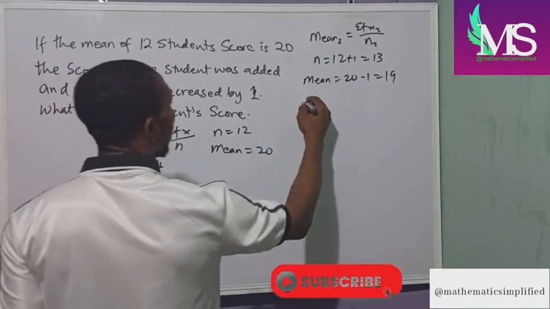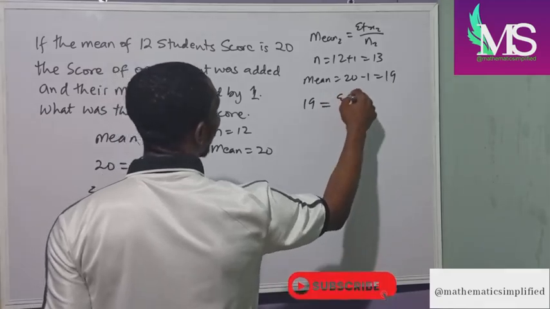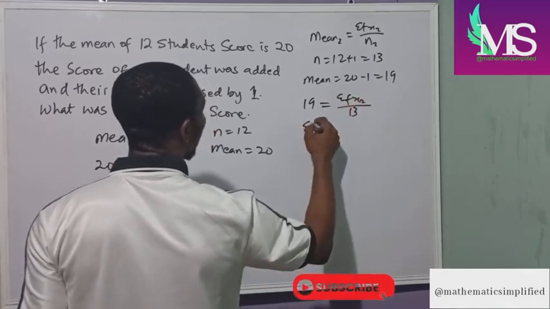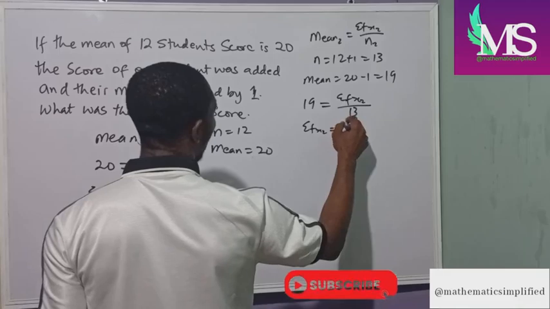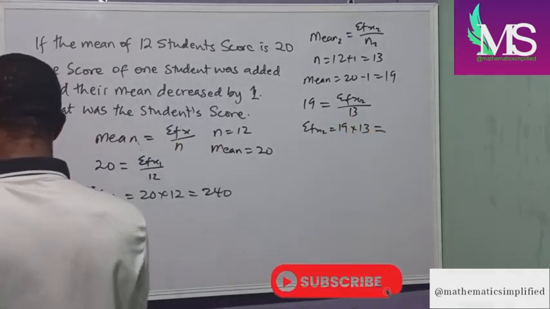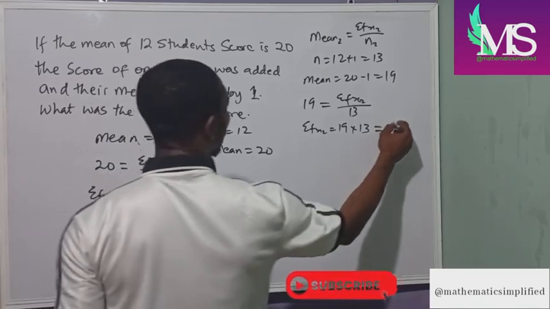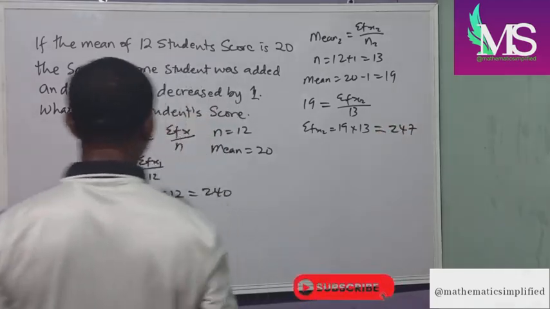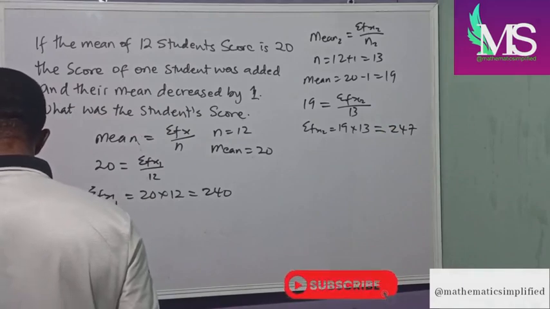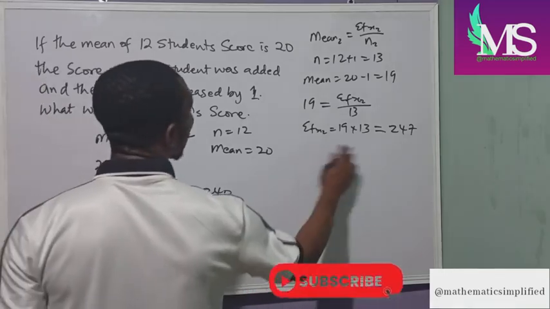So here our mean will become 19 equals ΣFX2 over 13. So ΣFX2 equals 19 times 13, which will give us 247.